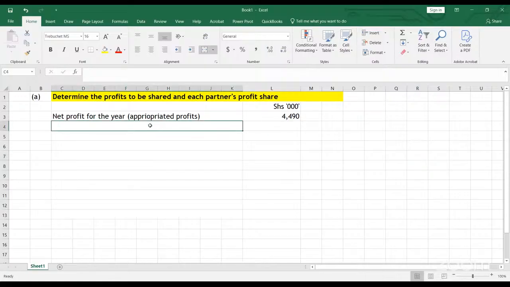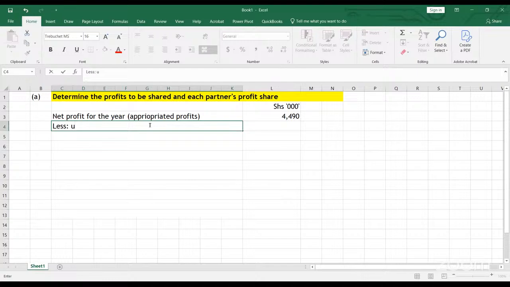So we have to list the unappropriated profits. There is a profit that they are going to maintain. The policy of the partnership is to maintain 20% of the profit as unappropriated. So out of the appropriated profit, we are going to remove 20%, and that one is going to appear as unappropriated profit in their account.